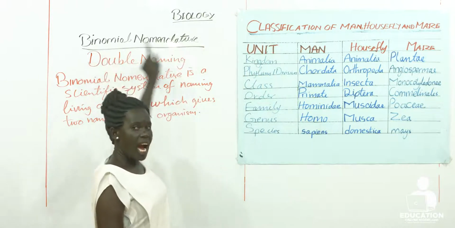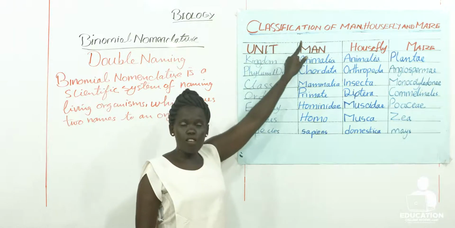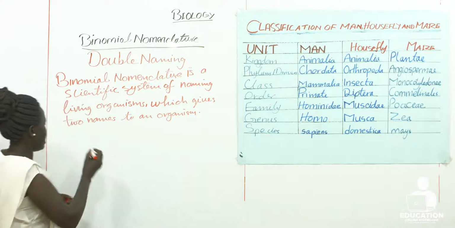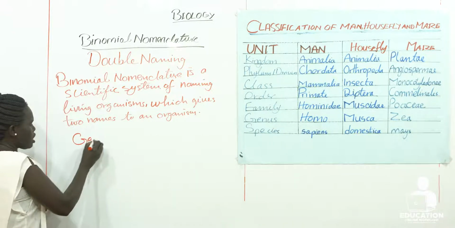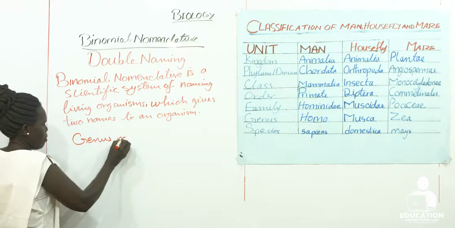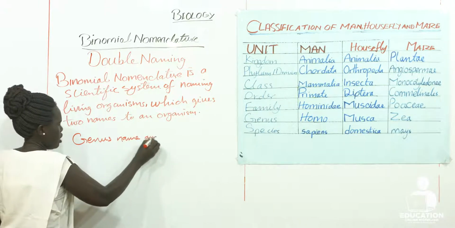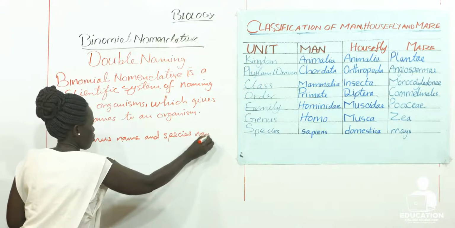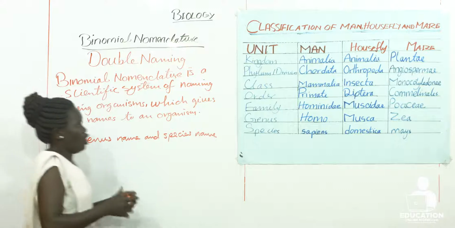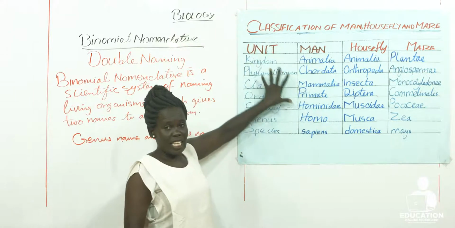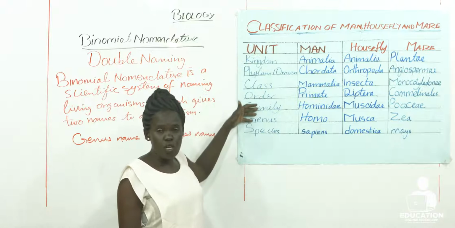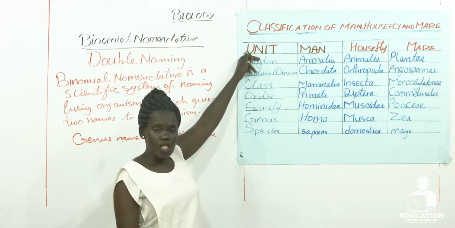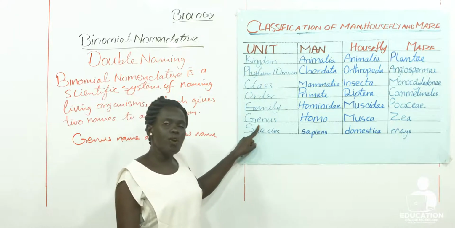Binomial nomenclature has a relationship with classification of living organisms, because the double naming is made up of genus name and species name. When you look at this chart, these are the classification units we learned about last time. It starts with the largest unit and ends with the smallest unit.